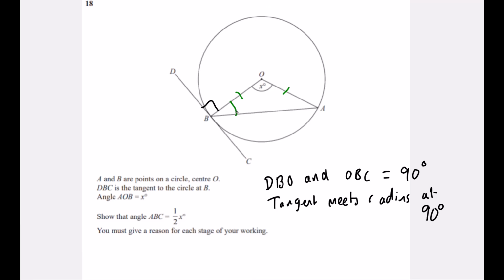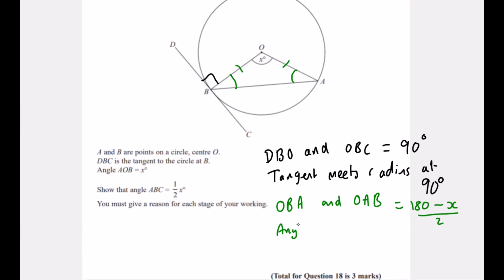So this angle here and this angle here, so that's OBA and OAB, are going to be 180 degrees for the whole triangle, take away x and then divided by 2. So 180 minus x over 2. And that's because the angles at the base of an isosceles triangle are equal.